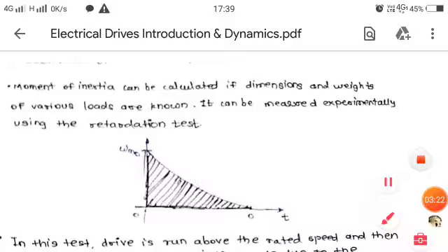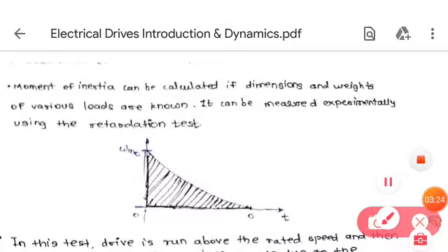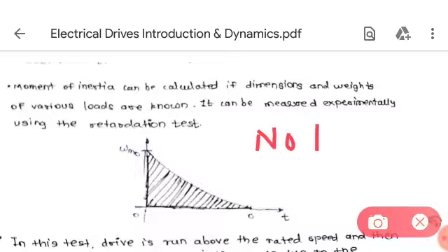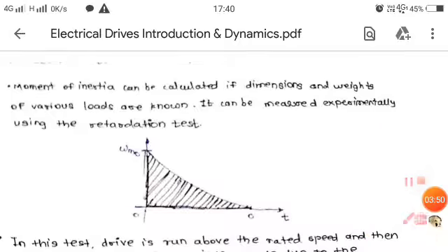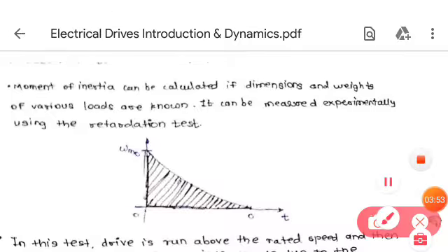To plot this curve, we have to run a DC motor beyond no load speed. So how to do that? For doing this experiment, the drive for which we want to calculate the inertia, means the motor along with its load and all that, we have to run beyond no load speed.